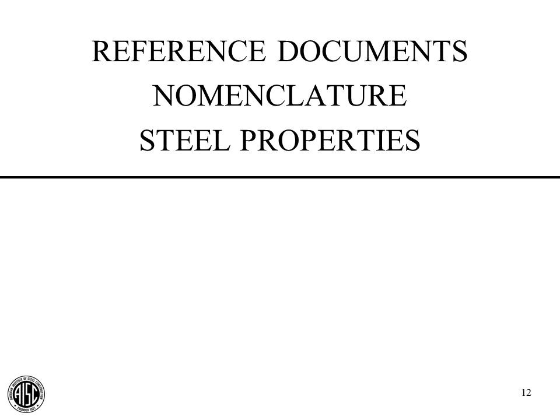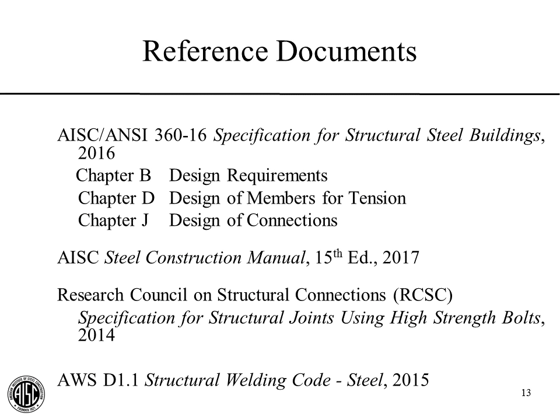Okay, so let's start by talking about our reference documents and go through some nomenclature and the steel properties that we're going to be using. Our 2 primary reference documents for our entire series will be the AISC or ANSI 360 document, specification for structural steel buildings, 2016 edition. We'll be spending a little bit of time with Chapter B and D, and a lot of time with Chapter J. Also, we will spend a lot of time with the AISC Steel Construction Manual, 15th edition, the Blue Book.